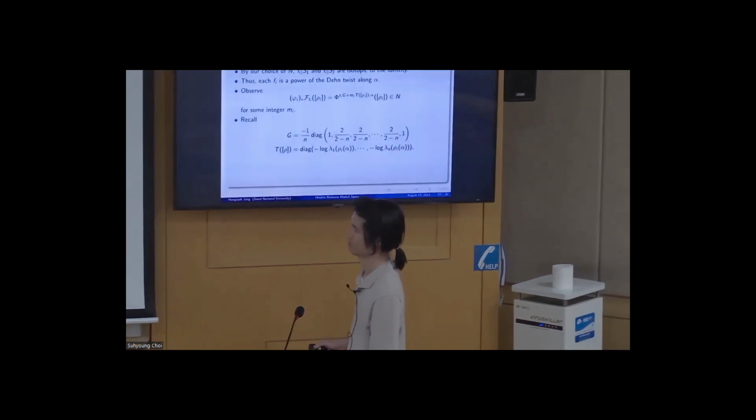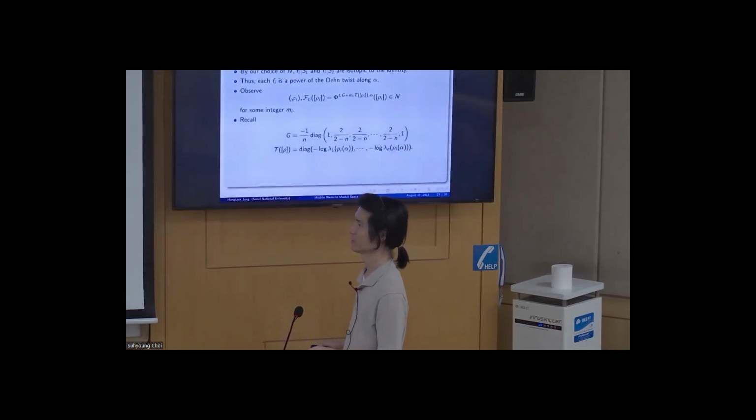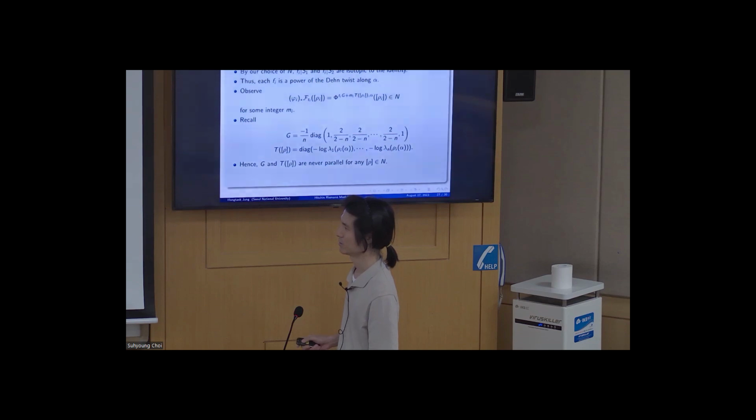Because we are dealing with Hitchin representations, these components are all distinct. But we have plenty of components that are identical. That means this vector G and T of rho are never parallel for any choice of rho.